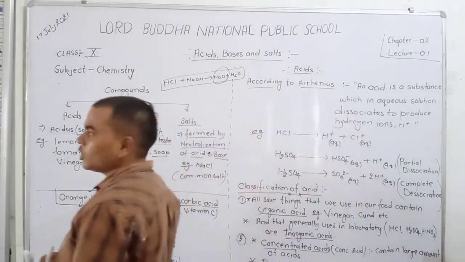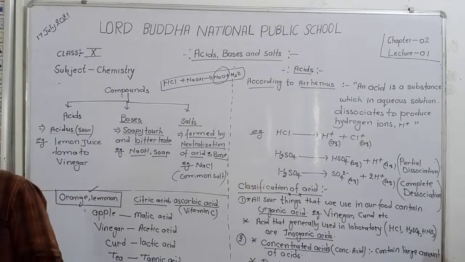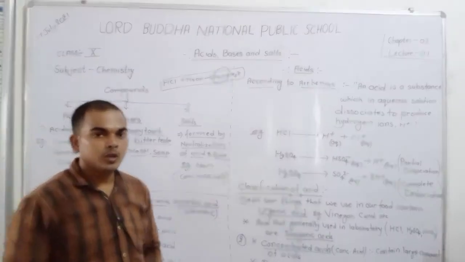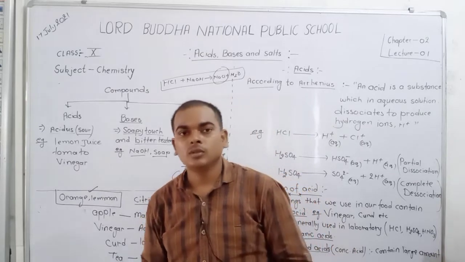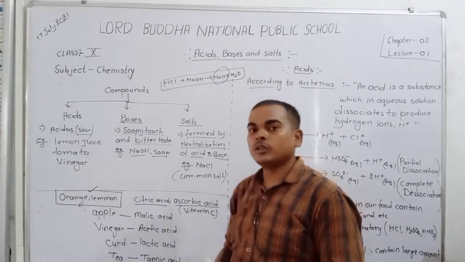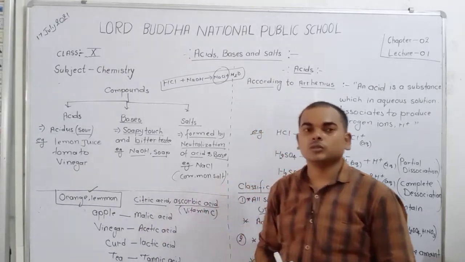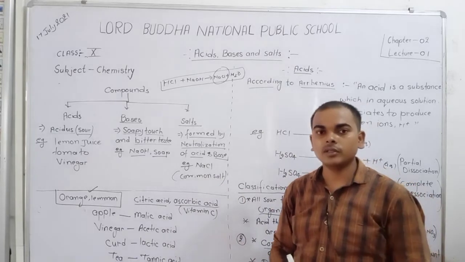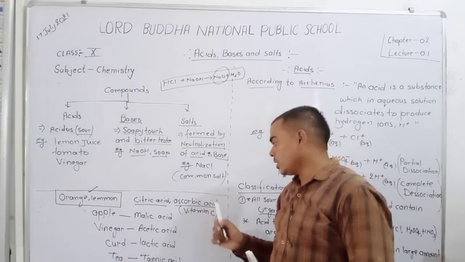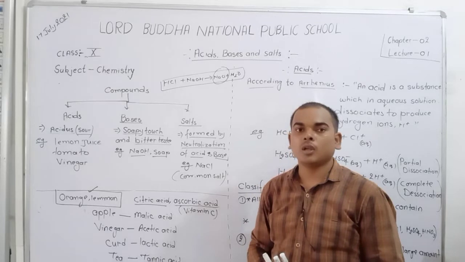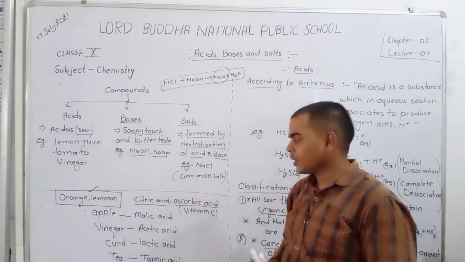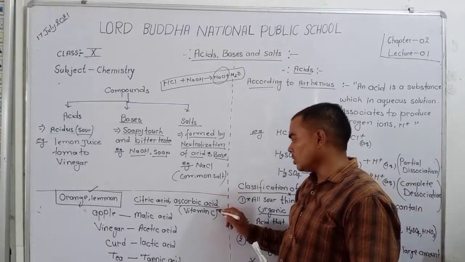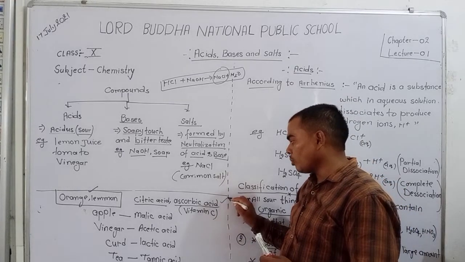Vitamin C. In the COVID period, you and your parents took a dose of vitamin C regularly because it enhances your immune power. That means you take vitamin C as ascorbic acid.